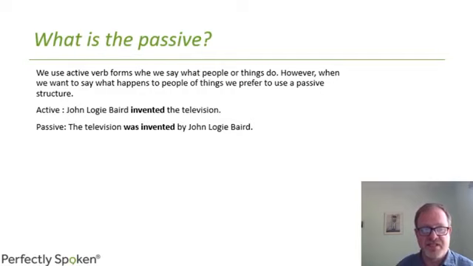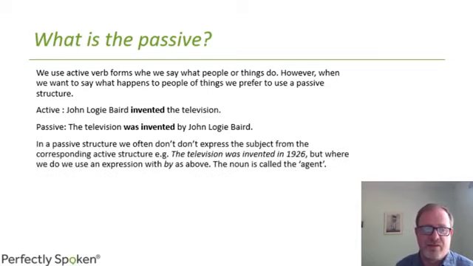So in the second sentence, we are not interested so much in John Logie Baird. We've included him because he's important, obviously, in the sentence, but our focus here is on the invention of the television itself rather than John Logie Baird. So in a passive structure, we also often don't express the subject from the corresponding active structure.